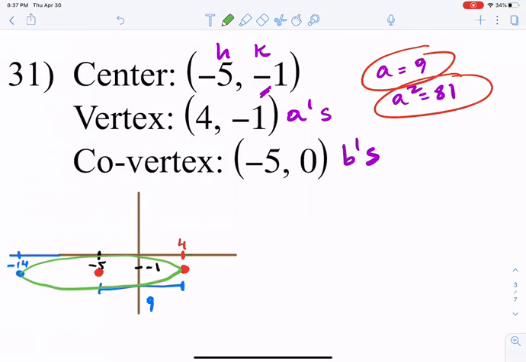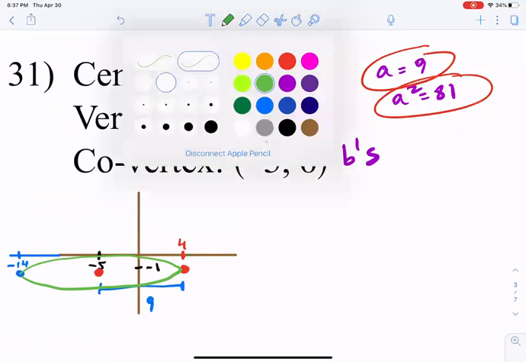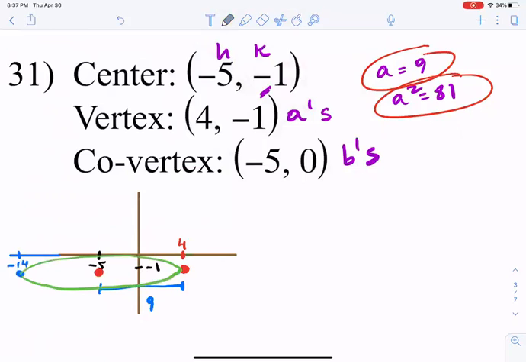That's what I have. And now if I want to find out what that b value is, I'm at the center here, (-5, -1), and I need to find out what the co-vertex is, right? They're saying the co-vertex is (-5, 0).